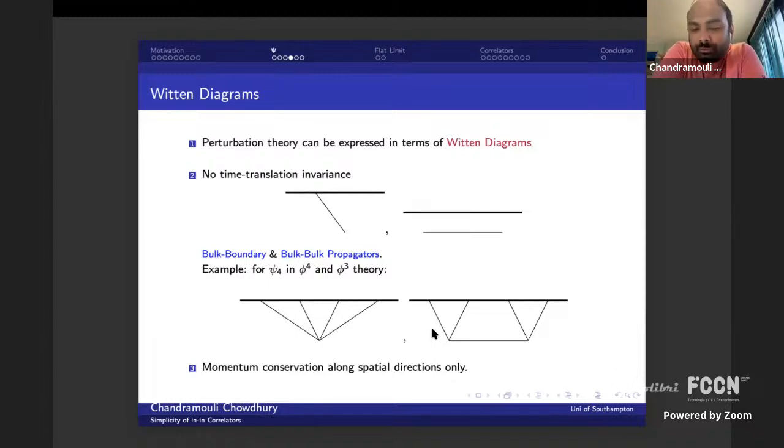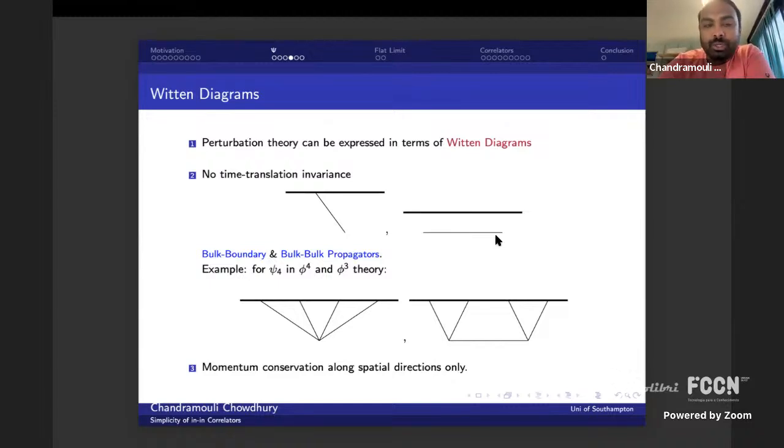And the only difference between a Witten diagram and a Feynman diagram is that you now have a boundary at some particular time instant, right? Because all my insertions are at that given time. And since you have a boundary, you're led to two kinds of propagators. One is what's called the bulk to boundary propagator, where one of the legs is attached to the boundary. And the other kind are bulk to bulk propagators, where both endpoints are in the bulk.